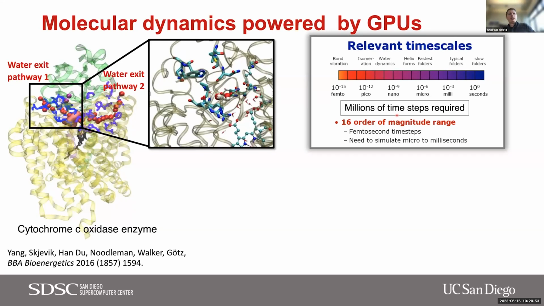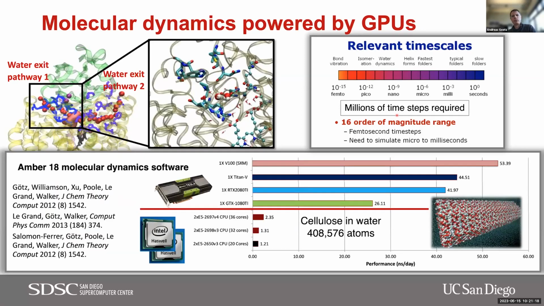So that means that a single force computation, the energy and the force acting on the atoms during molecular dynamics simulations, has to be done within about a millisecond or faster. Right? So we have hundreds of thousands, millions of atoms, and the interactions of that equation that I've shown you before need all to be computed within a millisecond, right? So that's a lot of compute in a very short time scale.